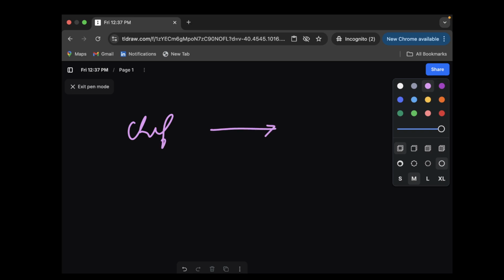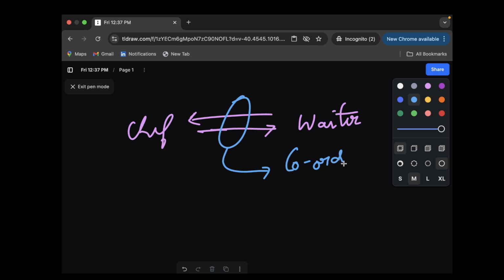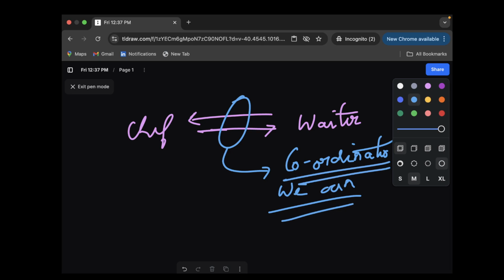The chef should talk to the waiter, and it should be vice versa. This should be a two-way coordination, right? Only if there is perfect coordination will it work properly, and the meal will only be placed on the table if both are working in coordination, right?